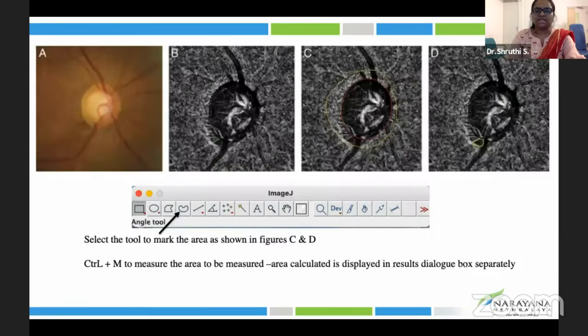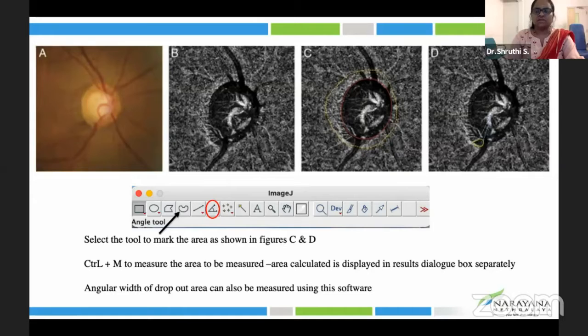Once the scale is set, you have to use the freehand marker and mark the area which has to be measured. For example, we can measure the optic disc area, peripapillary atrophic zone, and the dropout area as seen in C and D images. Then press Ctrl M to measure the area. The area calculated is displayed in the results dialog box separately.